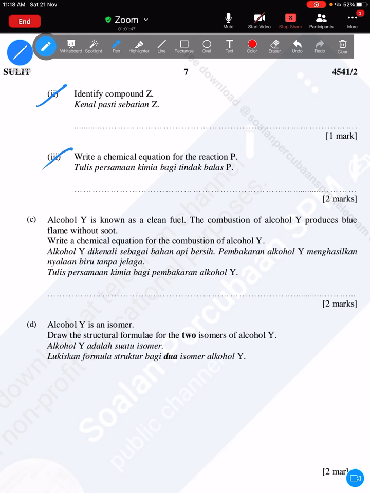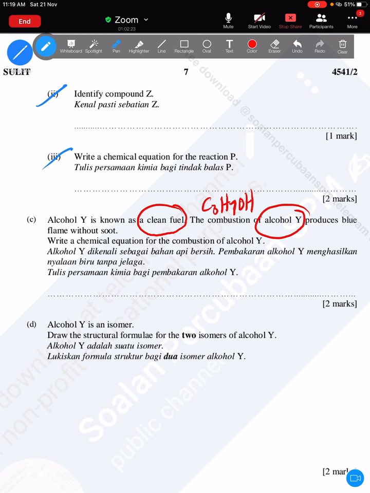Alcohol Y is known as a clean fuel. The combustion of alcohol Y, I'm referring to the propanol, am I right? C3H7OH. You must remember, guys, it is interlinked. We are still talking about the same alcohol from the earlier section. Therefore, it produces a blue flame without soot. Write a chemical equation for the combustion of alcohol Y. It's easy.